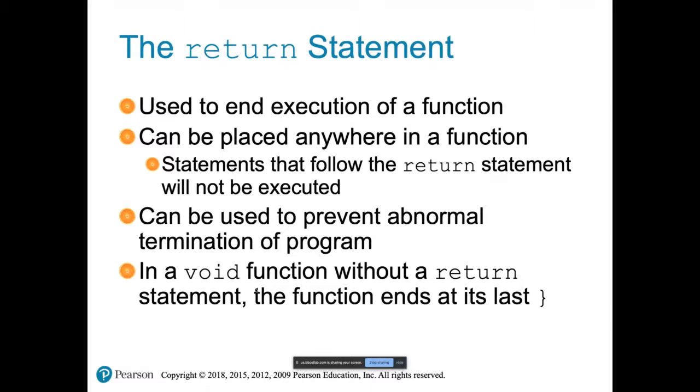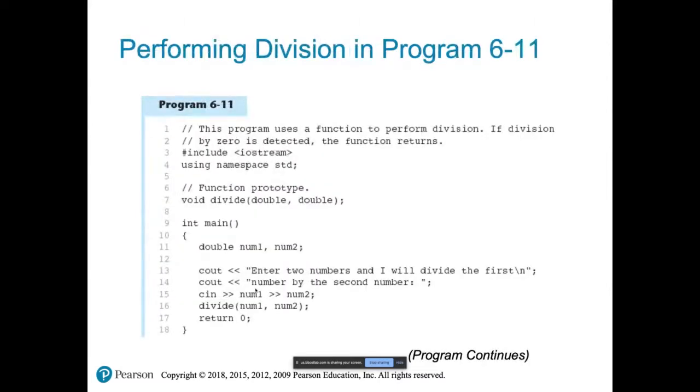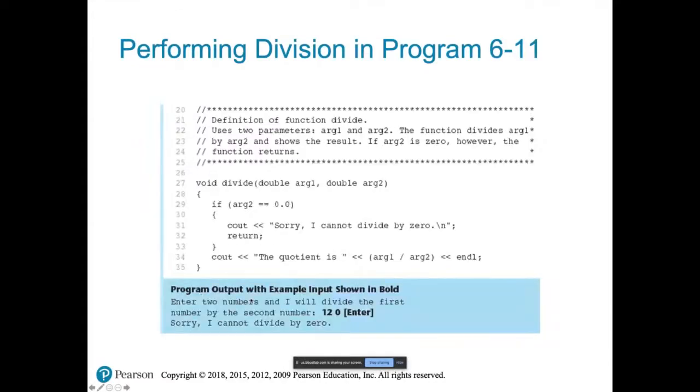It can be used to prevent abnormal termination of a program. In a void function without a return statement, the function ends at the last curly brace. Here, in the function with numbers 1 and 2, divide.